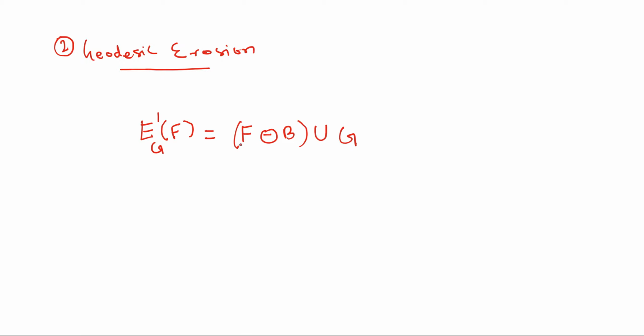This is how the geodesic erosion operation is defined, and if you want to perform this operation n times, then the geodesic erosion of image F using the mask G performed n times, of size n, is defined as: you first find the geodesic erosion operation of F n minus 1 times, then upon that result you perform the geodesic erosion operation 1 time.